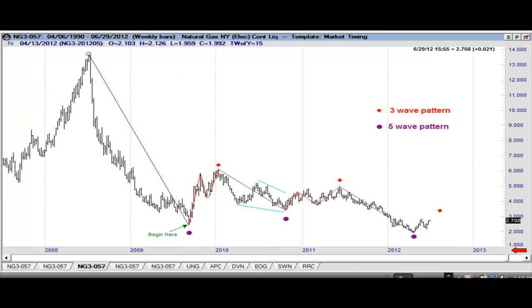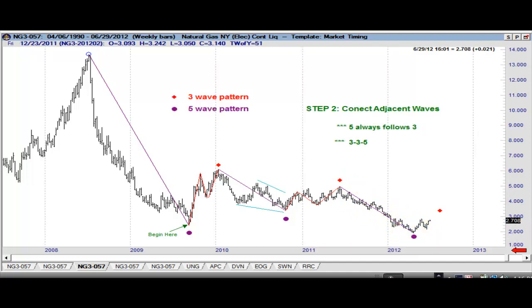In the chart, I see the following 3-wave and 5-wave patterns. From the peak, 5-wave down and done. And as we begin our analysis, we see 3 waves up, followed by a 5-wave decline, another 3 waves up, followed by another 5-wave decline.